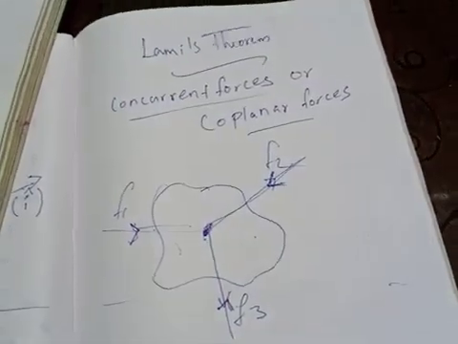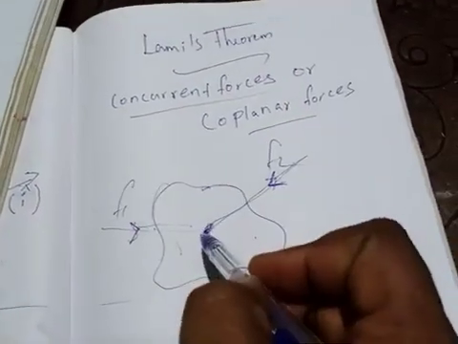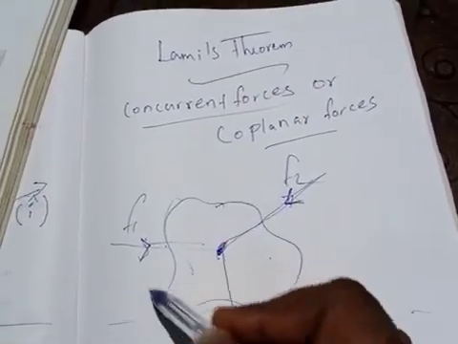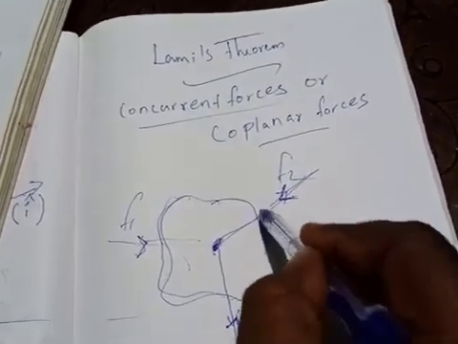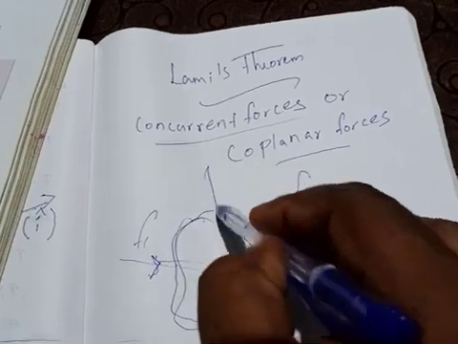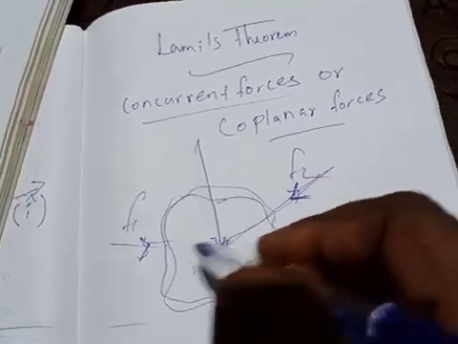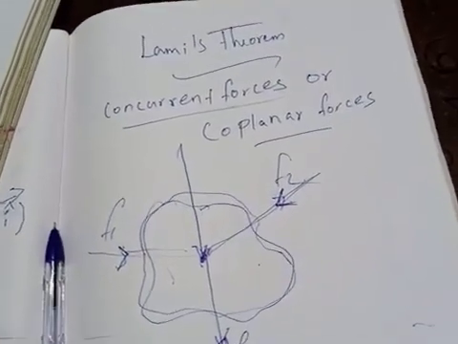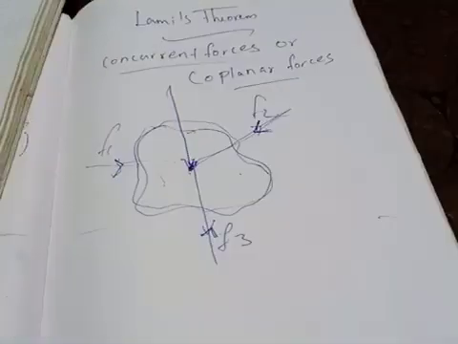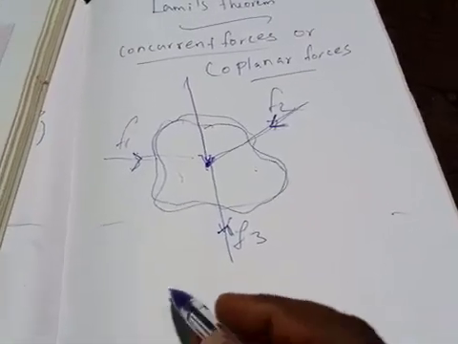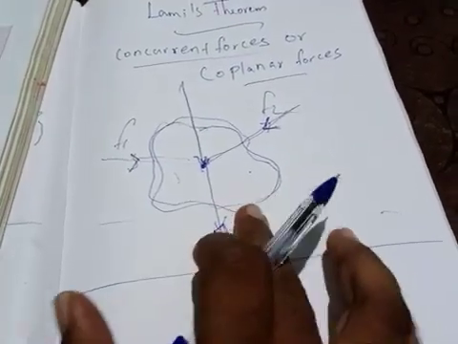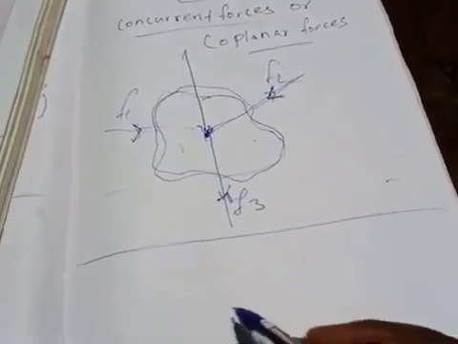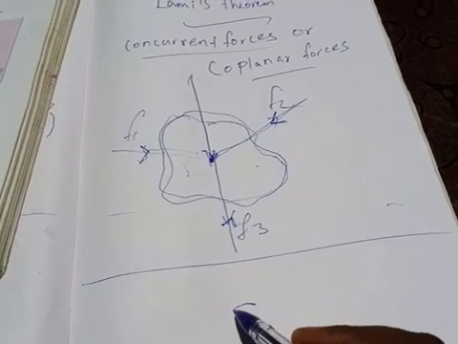And assume that all these forces are acting in one plane. If all the forces act in one plane, that is coplanar forces or concurrent forces. So let us see what Lami's theorem is; this is a coplanar force, or you can tell concurrent forces. Now discuss Lami's theorem.